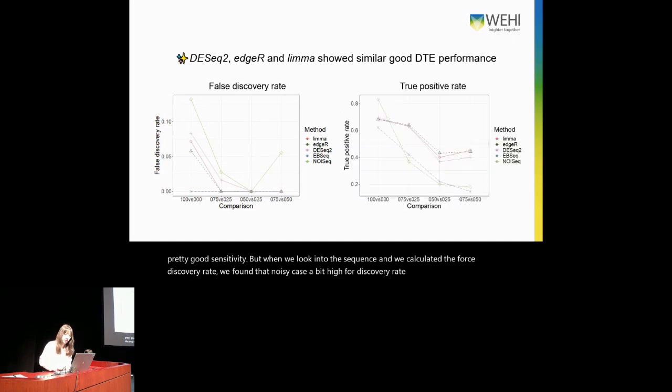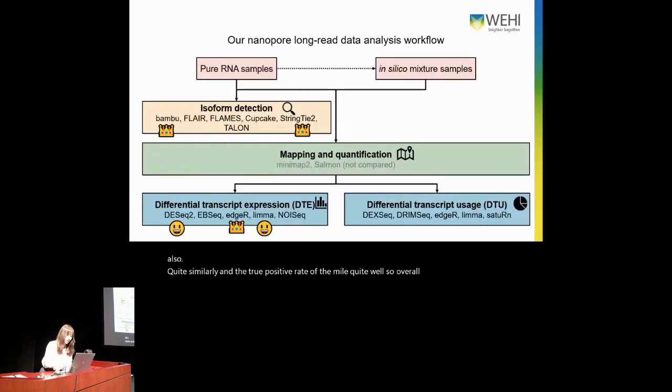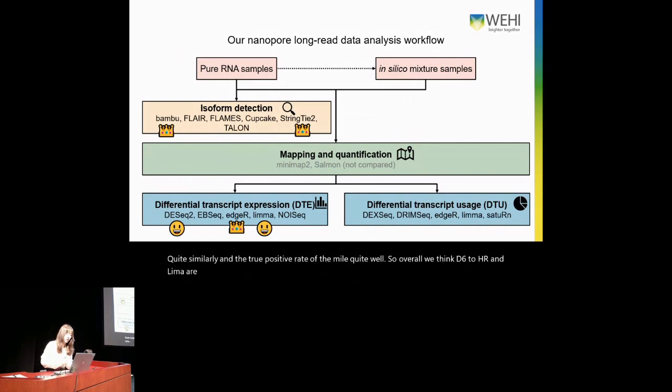And we also calculated the true positive rate using the sequins, and we found that limma, edgeR, and DESeq2 also performed quite similarly, and their true positive rates are quite good. So overall, we think DESeq2, edgeR, and limma are the outperforming tools for differential transcript expression analysis, where edgeR is slightly outperforming the other tools in the control of false discovery rate.